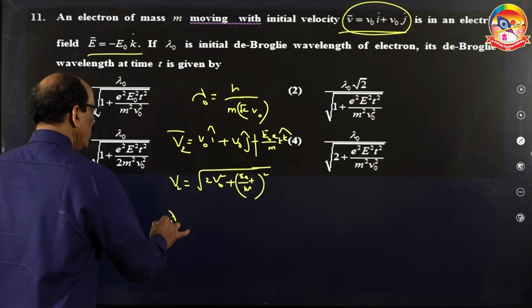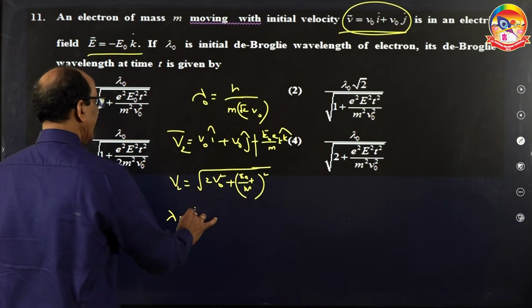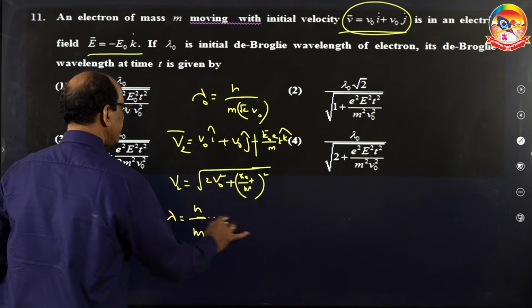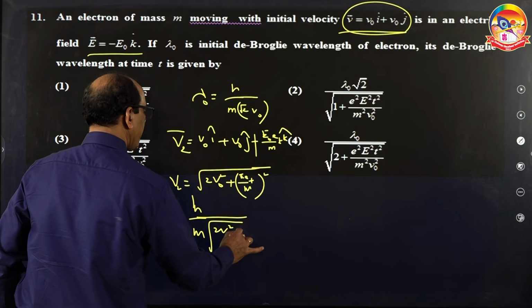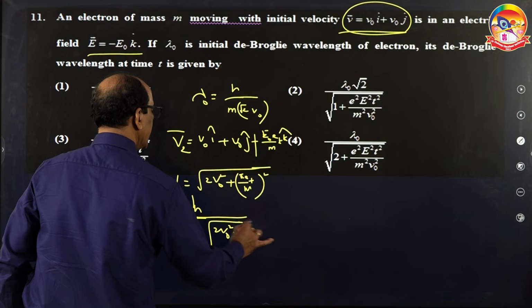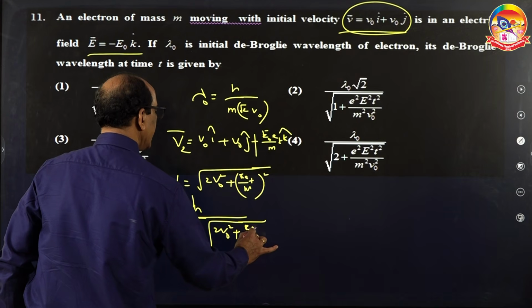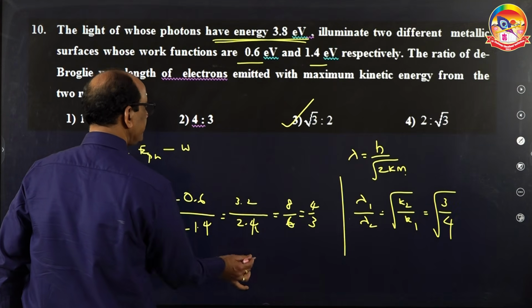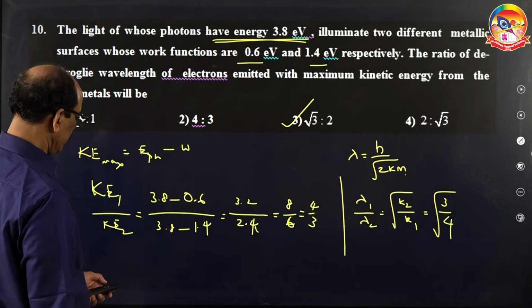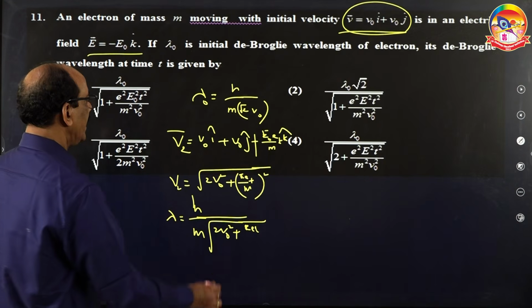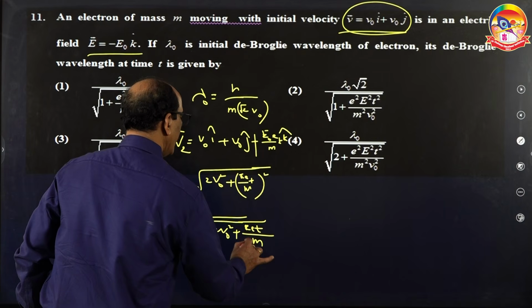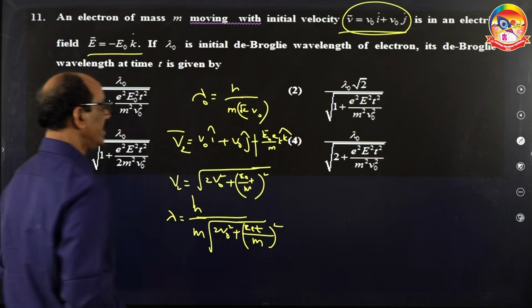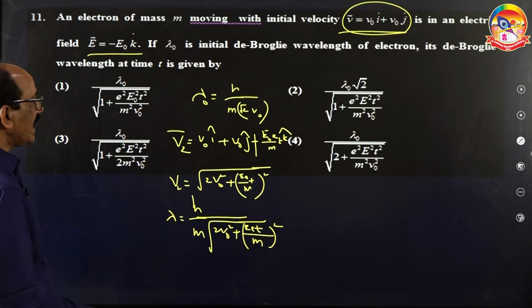Therefore, the new wavelength happens to be h by m times root over 2 v naught square plus e E t by m whole square. So we can rewrite this expression in the way required.